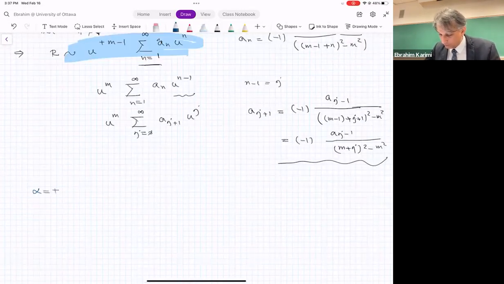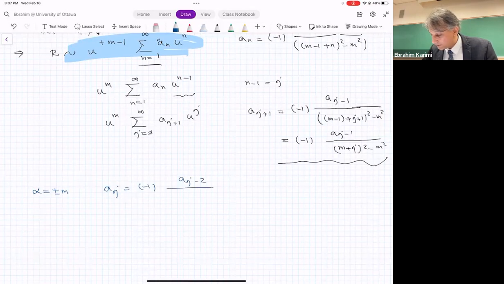Alpha is equal to plus minus m. aj, or if you prefer n, doesn't matter, is equal to minus 1, a(j-2) divided by (j plus m) to the power of 2 minus or minus 1, depending on you, m squared. Plus for the case when alpha is equal to m, minus for the case that alpha is equal to minus m.